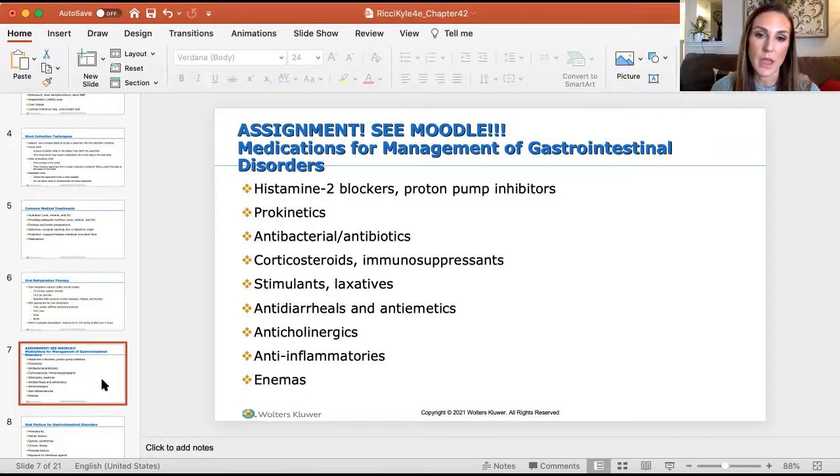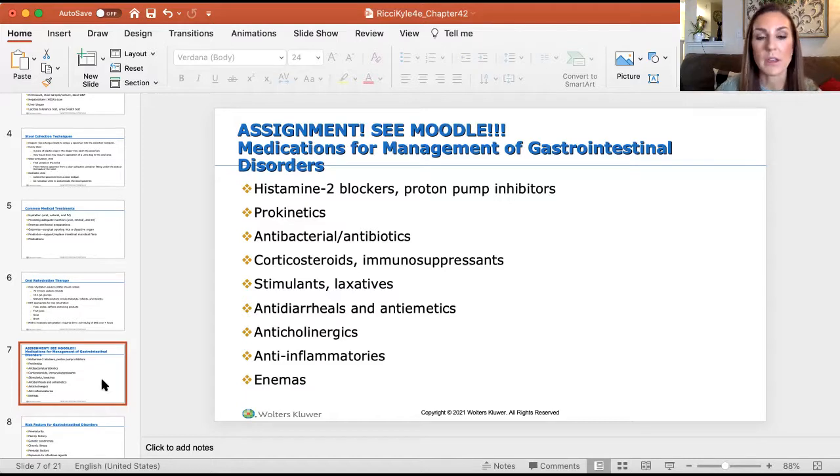You're going to make sure that you include why a patient might be prescribed that. If it's an antibacterial, what kind of bacterial GI disease would they need? If it's a corticosteroid, why would they need a corticosteroid for this GI disorder? So make sure you put in nursing considerations and any warnings.